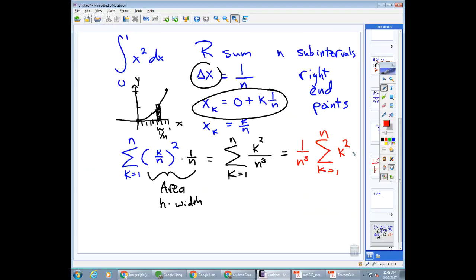And we have a formula for that. Let's see, do I remember it? I'm going to guess at it. I think for the sum of squares up to n, it's n times n plus 1 times 2n plus 1, over 6, with the 1 over n cubed still out front. I'm going to look that up because I'm not quite sure that's true.